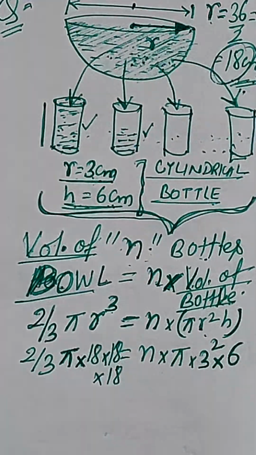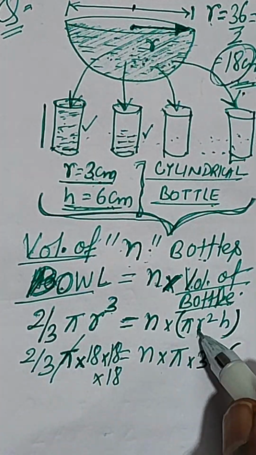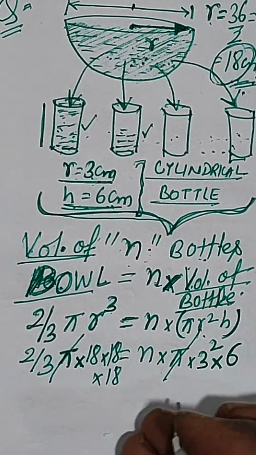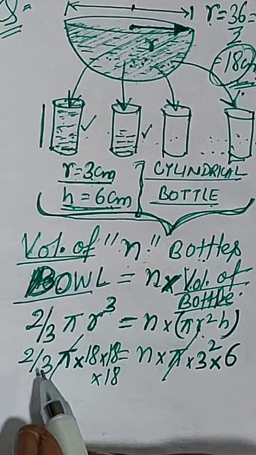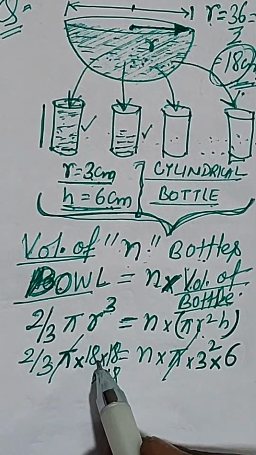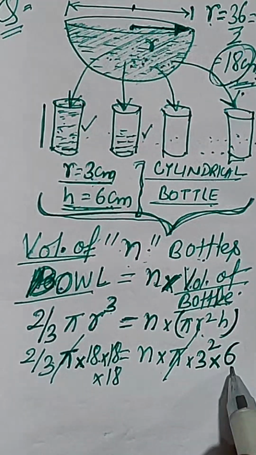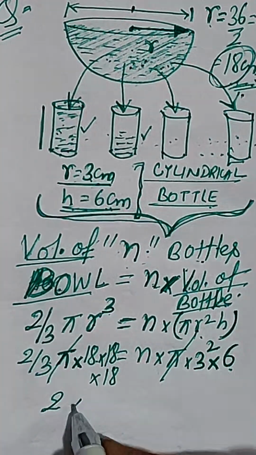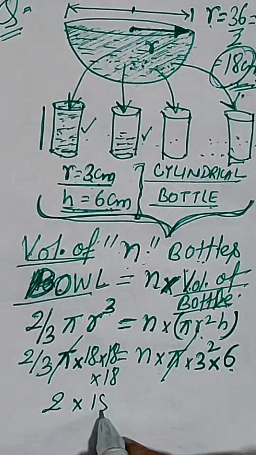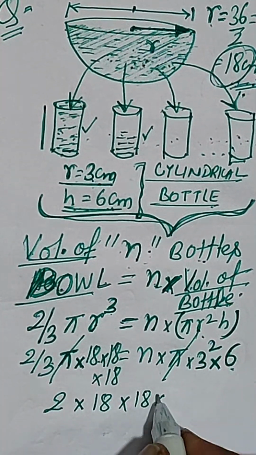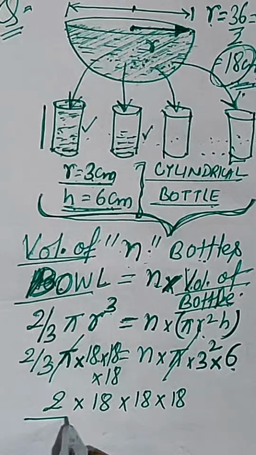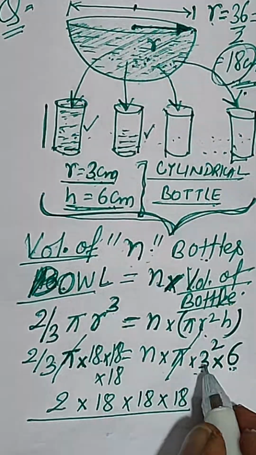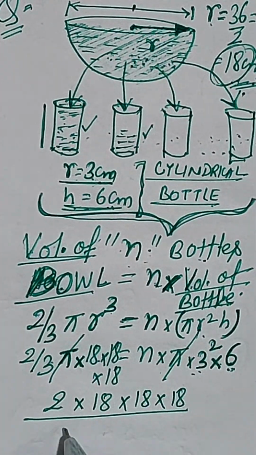Now this pi will be cancelled out, isn't it? Now 2 by 3, so this 3 will divide this, let me write it completely. This will be 2 into 18 into 18 into 18 divided by, bringing all this to the RHS, that is 3 square into 6.